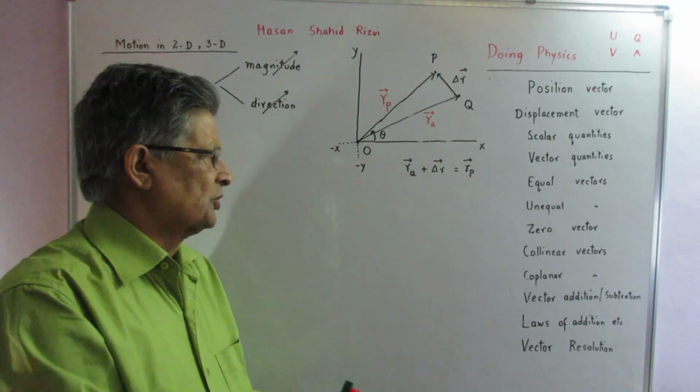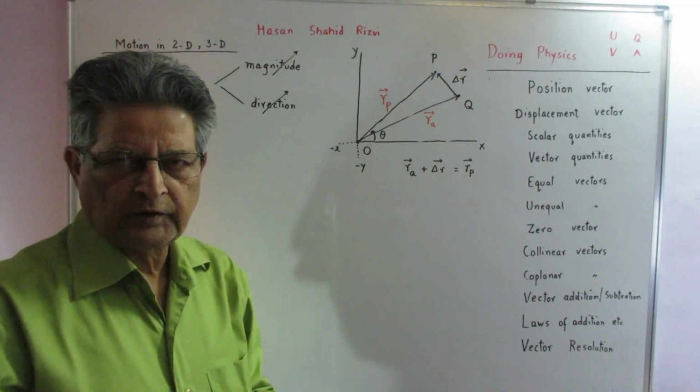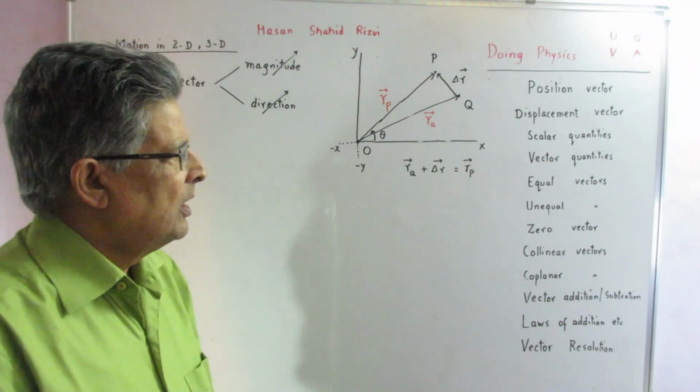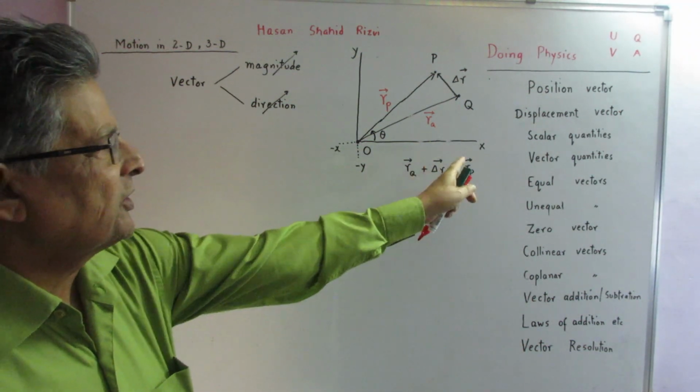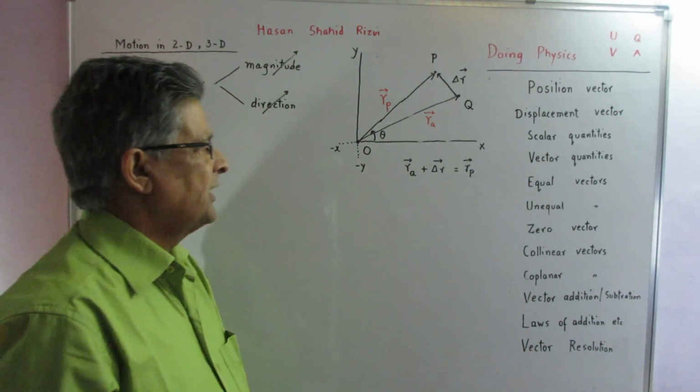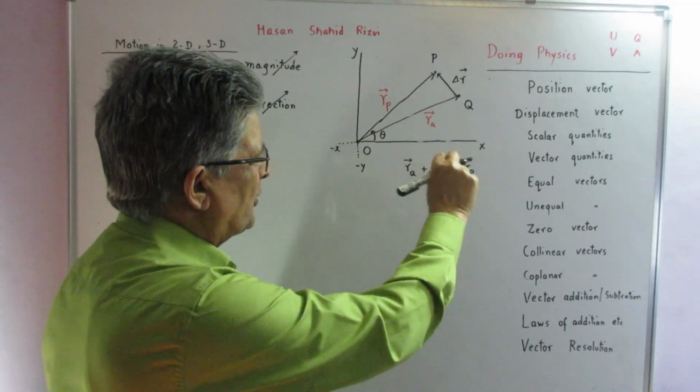Sometimes in the textbooks these vectors are shown with bold letters, but when we write, it's always better to use this sign, which is an arrow, with a starting point and end point.